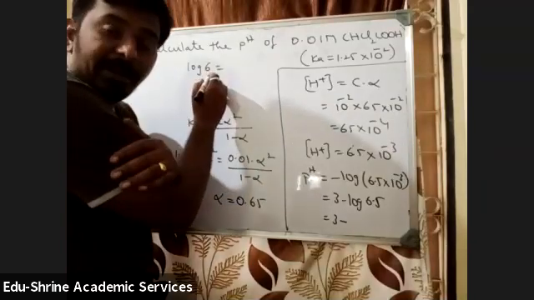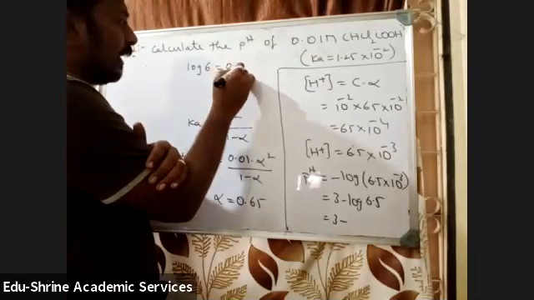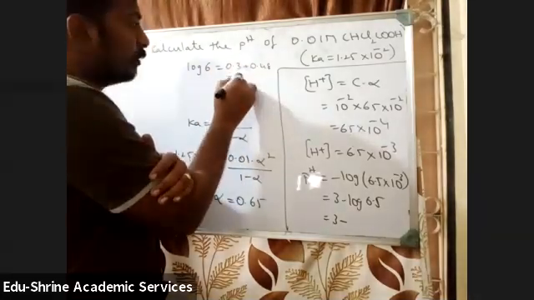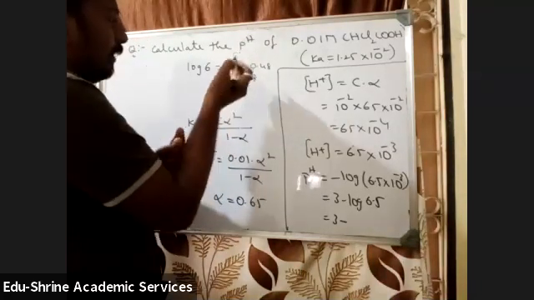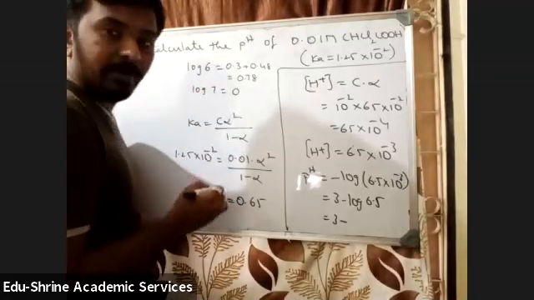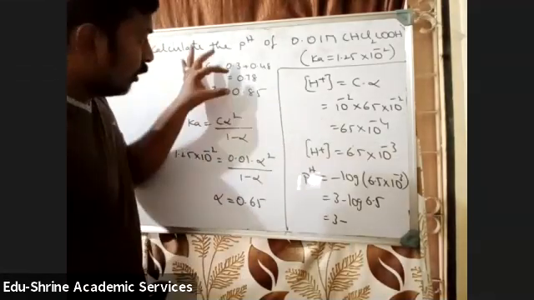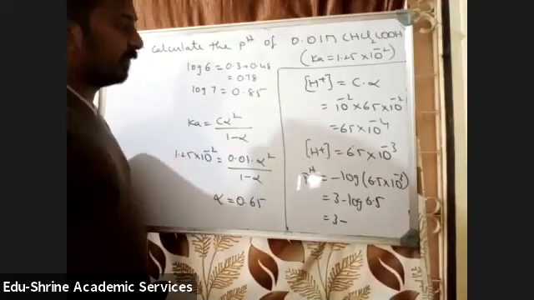Log 6 can be written as log 2 plus log 3. Log 2 value is 0.3 plus log 3 value, if I take 0.48, so this will be 0.78. What is the value of log 7? 0.85 approximately. So in between these two, the value of log 6.5 will be present.